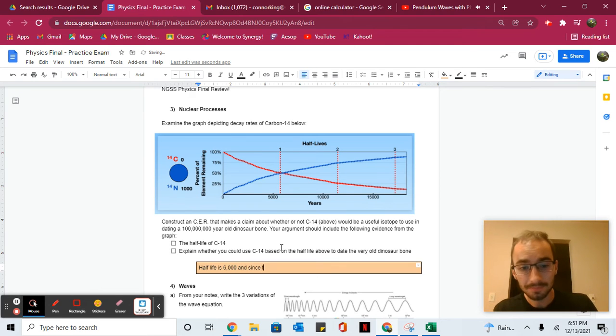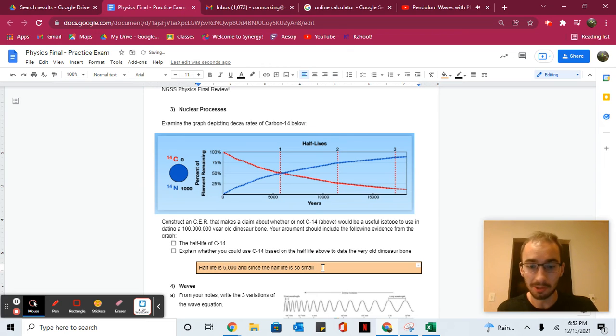And since the half-life is so small, 6,000, and the dinosaur bone is 100 million years old, all of that carbon-14 is probably going to be gone. Almost all of it. There will still be a small amount, but most of it will be gone by that time.